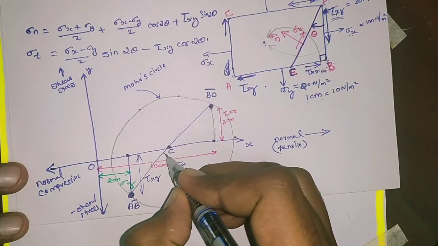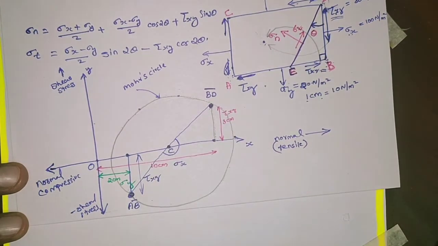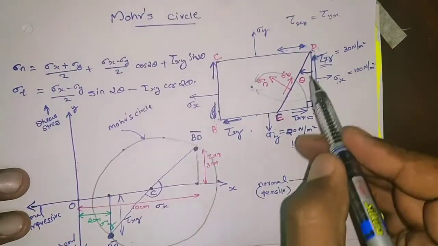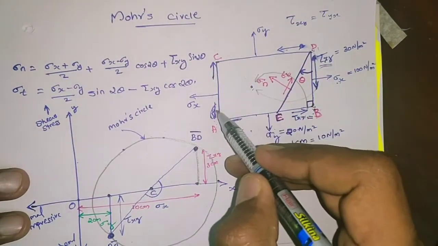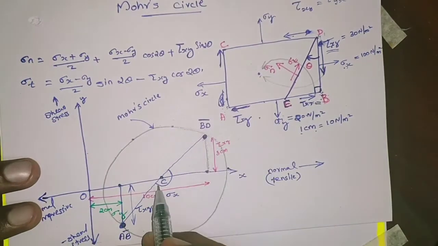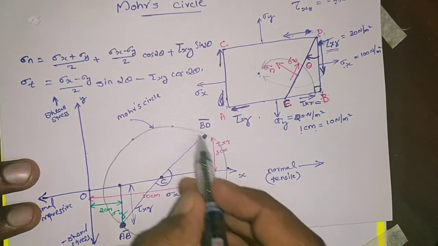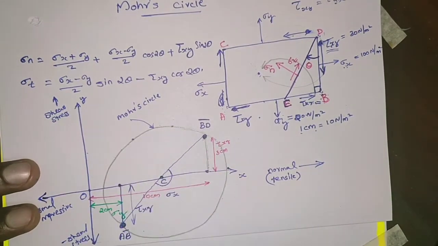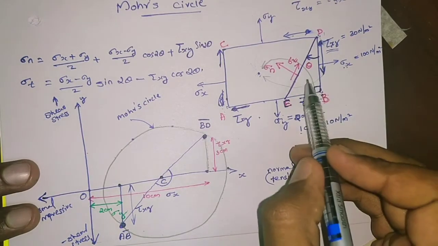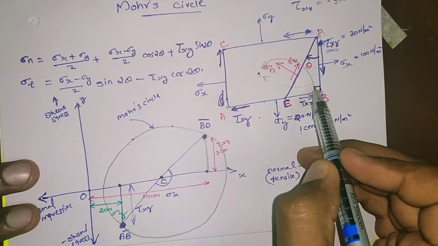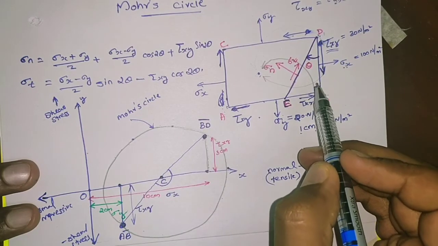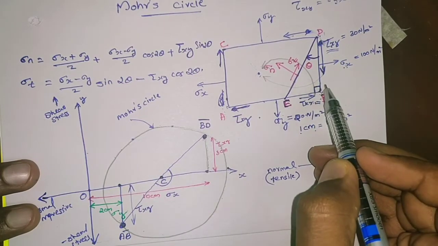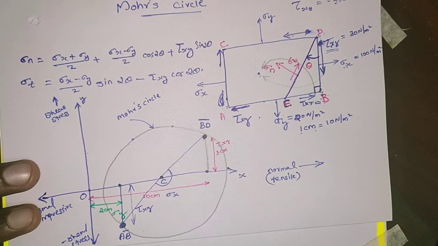The angle between these two planes is 180. That means any angle in this system should be multiplied by 2 when it is represented on a Mohr circle. The angle value is doubled when it is represented on a Mohr circle.